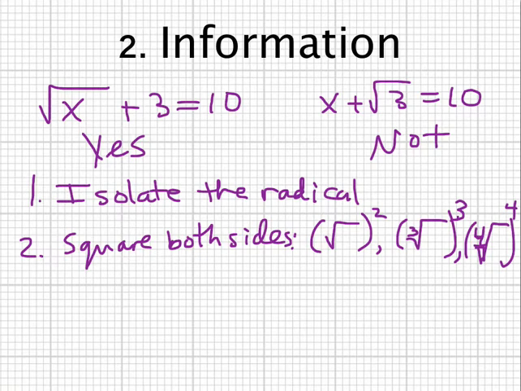Whatever the number is right here, that's the exponent that goes on the outside. Okay? So keep that in mind. You have to follow that step here. Oops, we're at number 3, not number 4. Third step, after you get rid of the radical on both sides by either squaring, cubing, or raising it to the fourth power, or whatever the power is, you're going to solve the equation like normal.